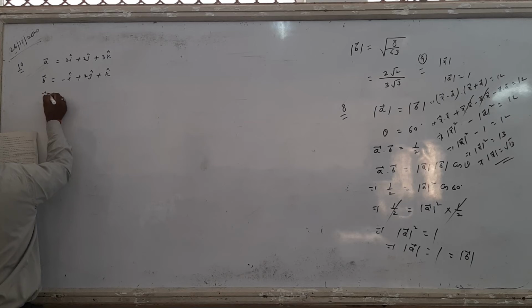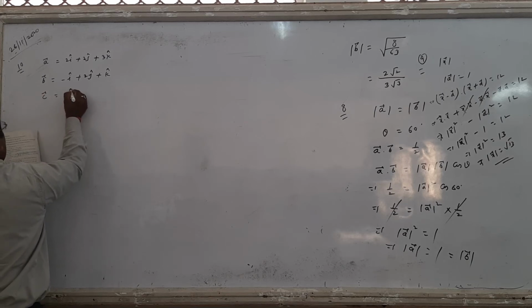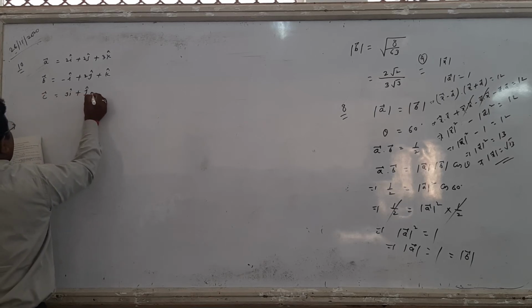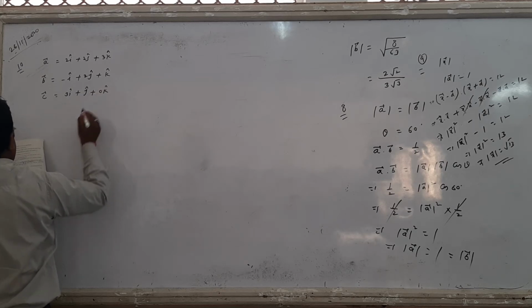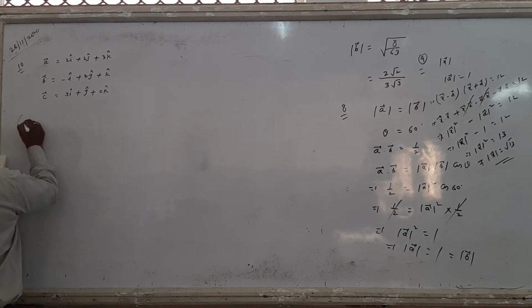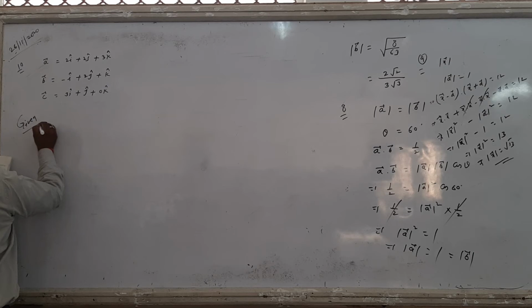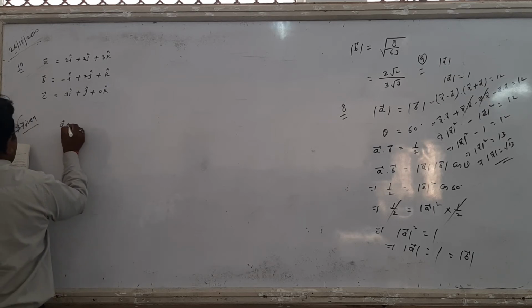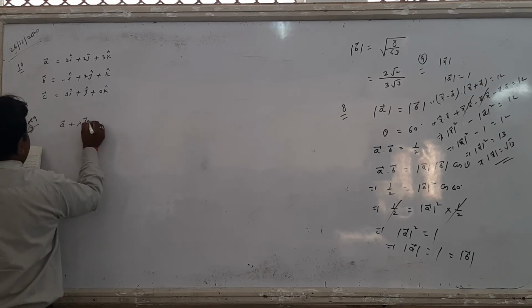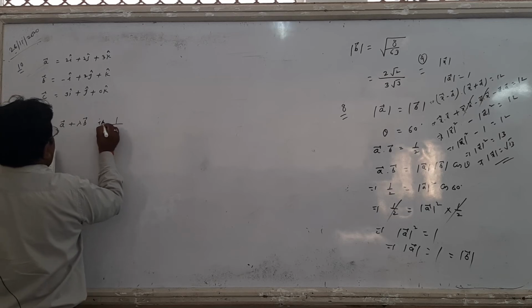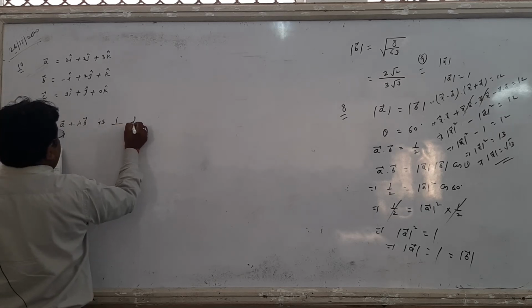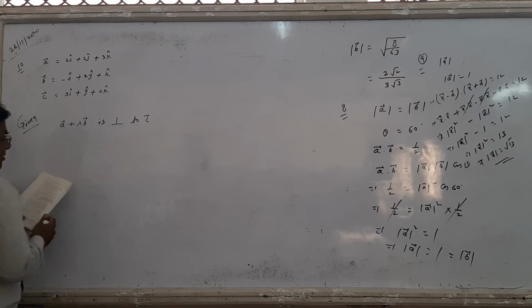And vector c is given as 3i cap plus j cap, and k cap is not given, so that is 0 k cap. According to the question, a plus lambda b is perpendicular to vector c. Find the value of lambda.